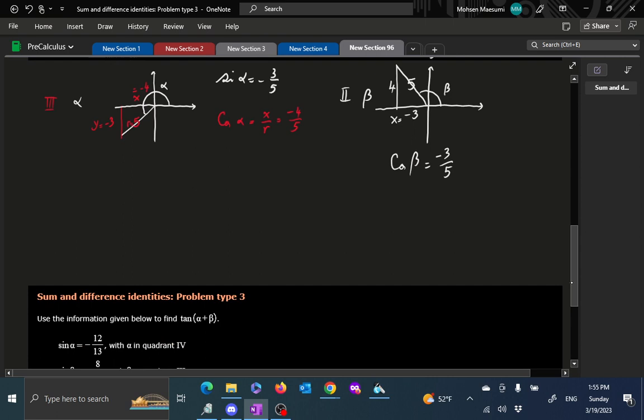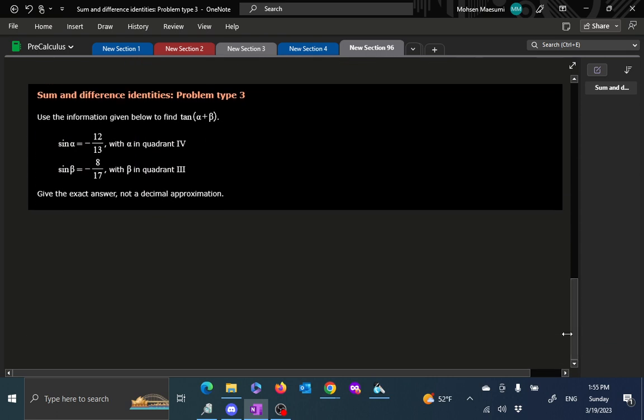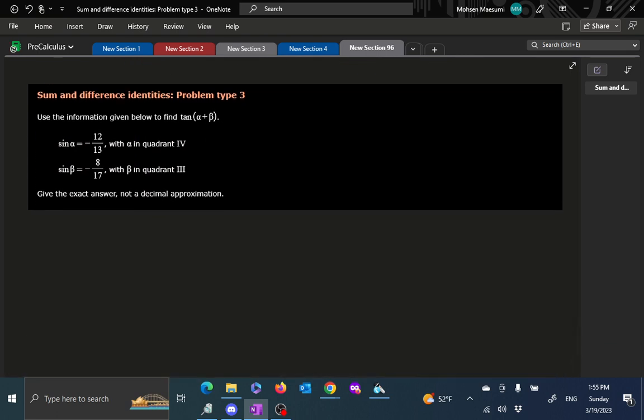Let's try another example of this type. Tangent of alpha plus beta. Similar to the first one, tangent of alpha plus beta. Remember, this is tangent of the first plus tangent of the second over 1 minus tangent of the first times tangent of the second.